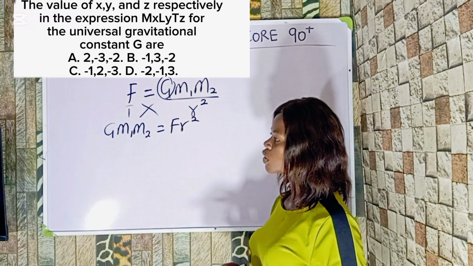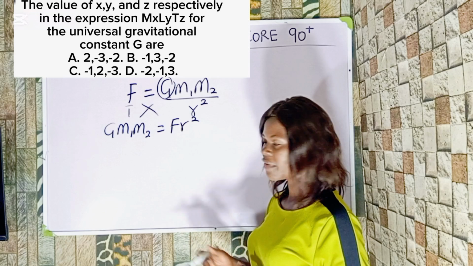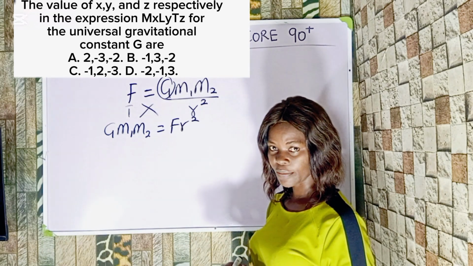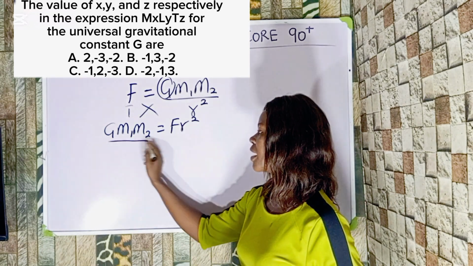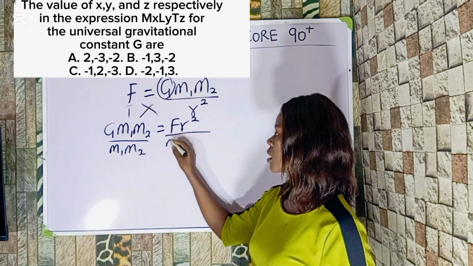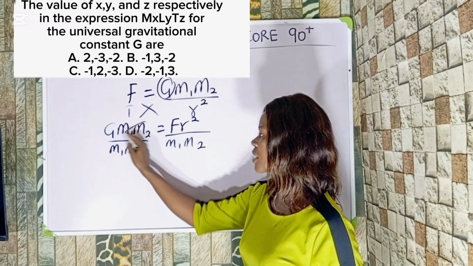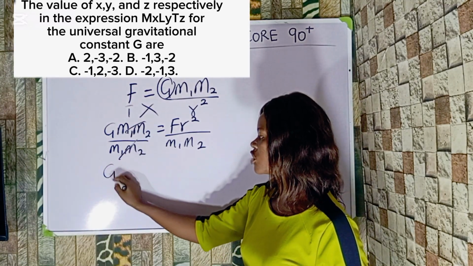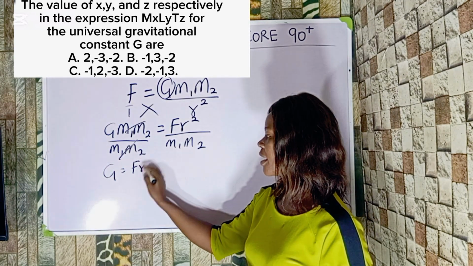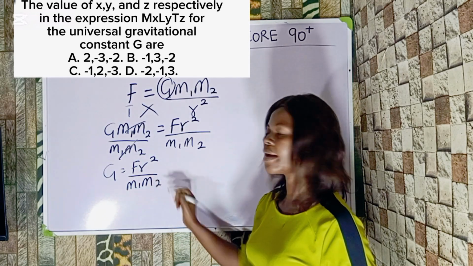Now what I'm going to do, because we want to get the dimension of G, so let's divide both sides by m1 and m2. Do we understand? Now this cancels this, so we have that G is equals to F r squared over m1 m2.